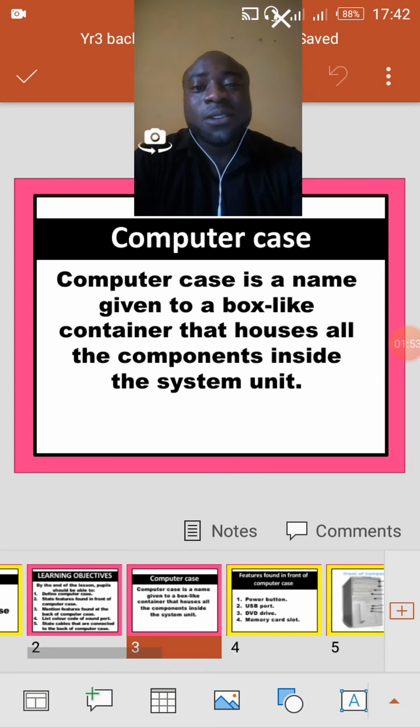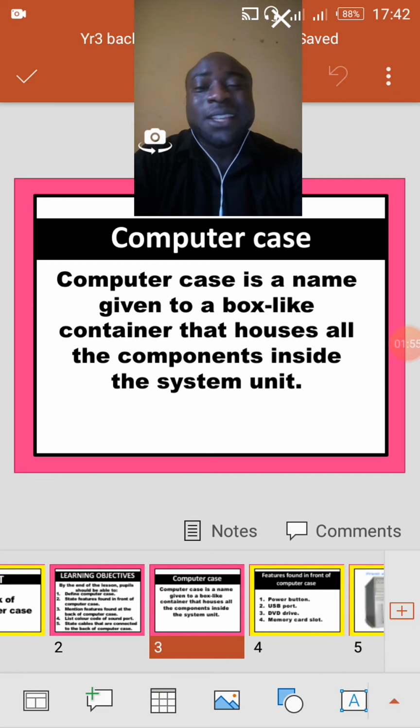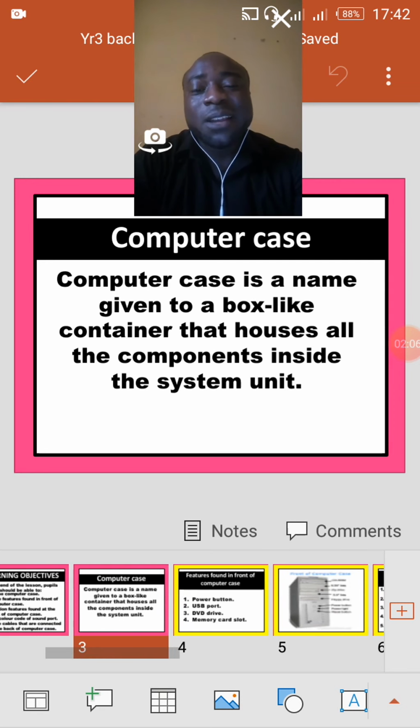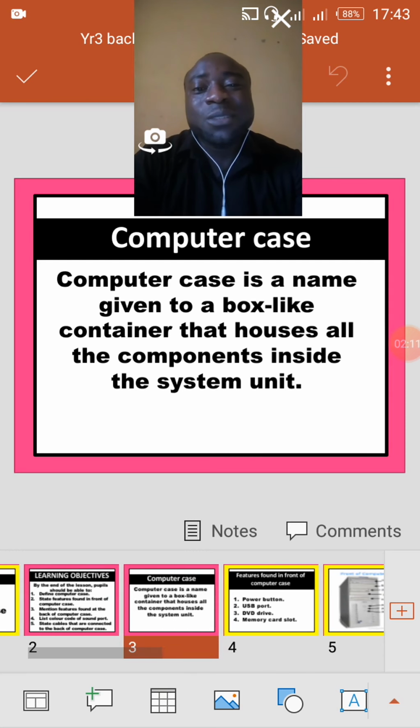I believe you know the internal parts of the system unit are very fragile and can be damaged by a touch or by water or other things. That is why they are protected by this case that we now call computer case. So when you hear the word computer case, always remember we are referring to the system unit.